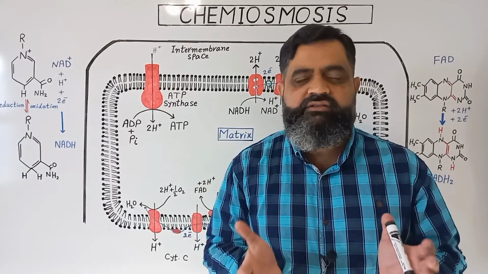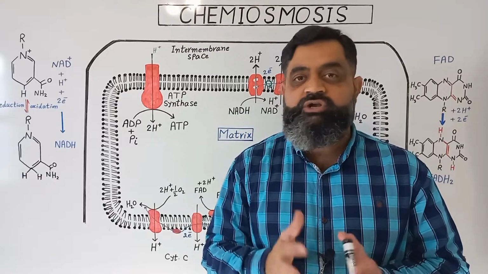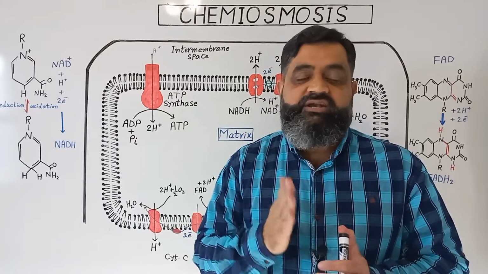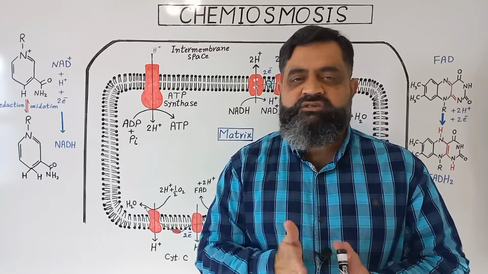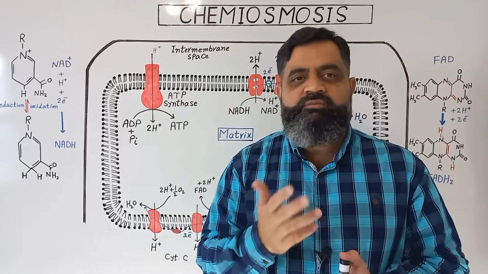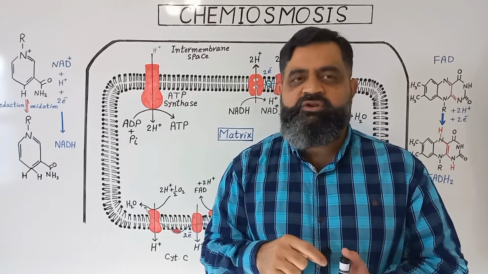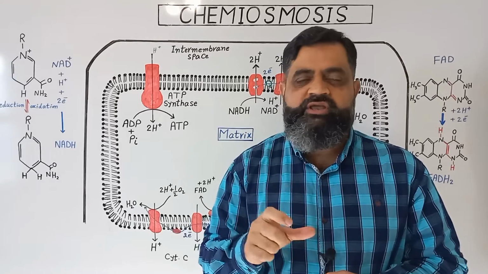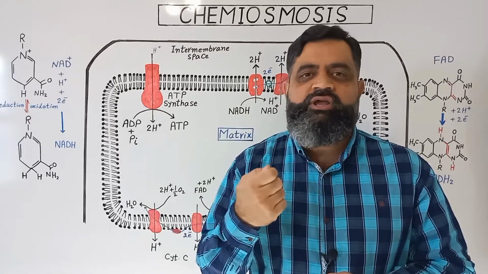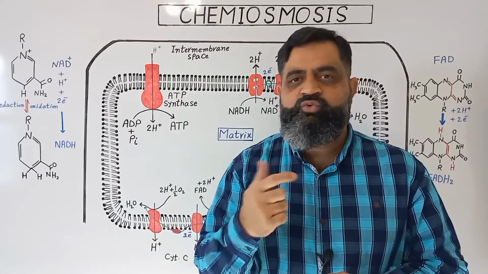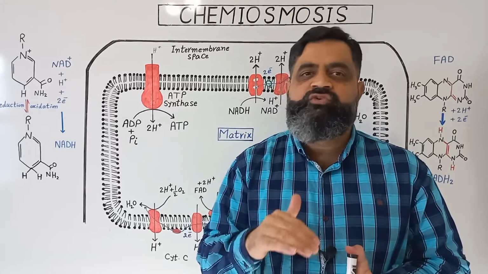As you know, there is a battery in the car which contains two types of ions, positive ions and negative ions. These ions get separated by a septum, by a wall. The battery contains two terminals, a positive terminal and a negative terminal, and when these two terminals are joined with the help of a wire, on the way you can put anything you want to run, like a bulb or a fan.